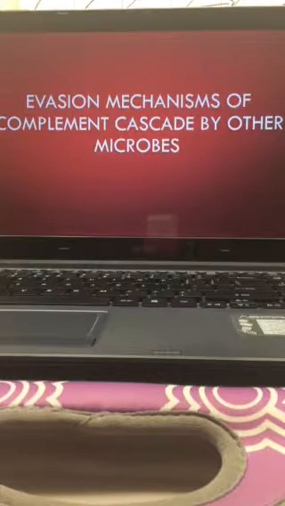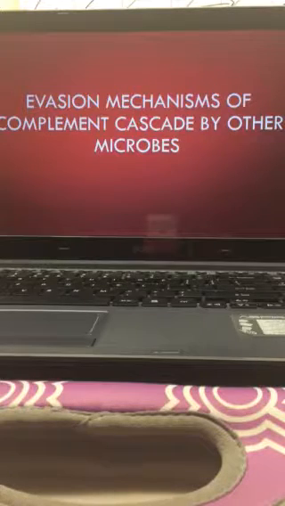Their thick cell walls and capsules brush off the MAC complexes, and the rest kind of just hide in the intracellular vacuoles to escape detection. So they hide so that they won't be detected.